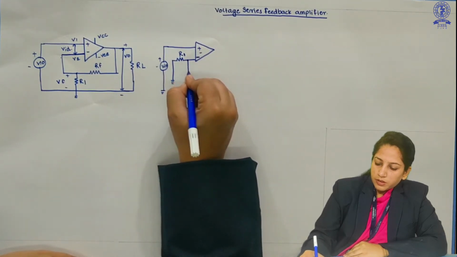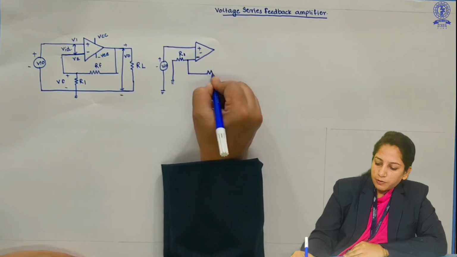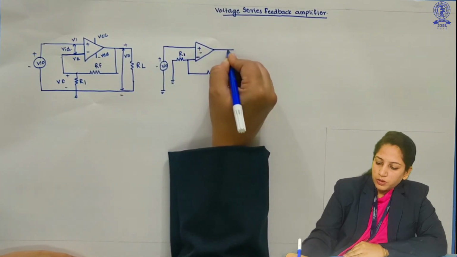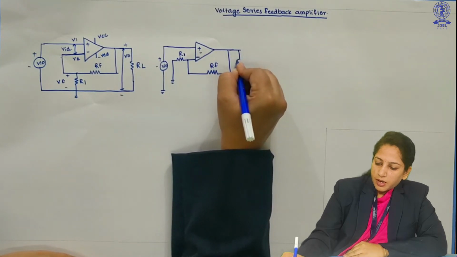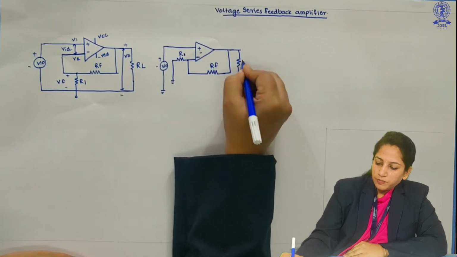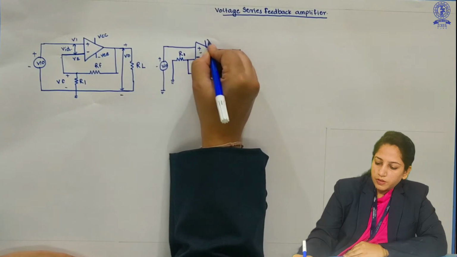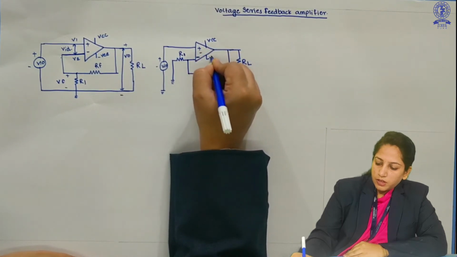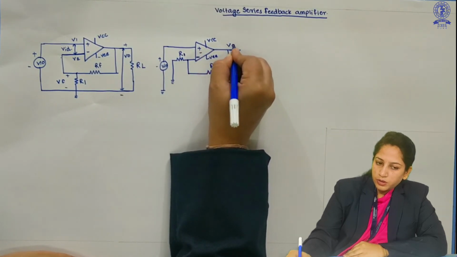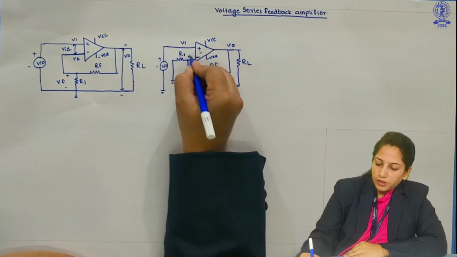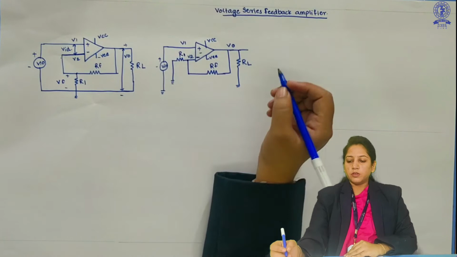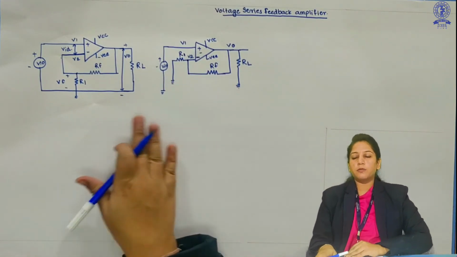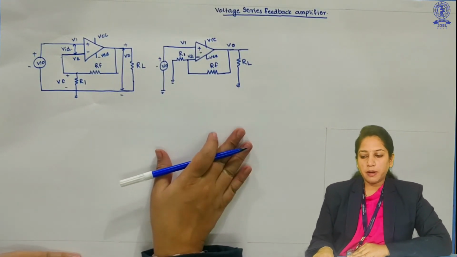And from this will be the feedback RF given from output to input side, and here will be my RL resistor. This is VCC and minus VEE. This is the output. So here also V1 and V2. Okay, so this is the circuit for the voltage series feedback amplifier.